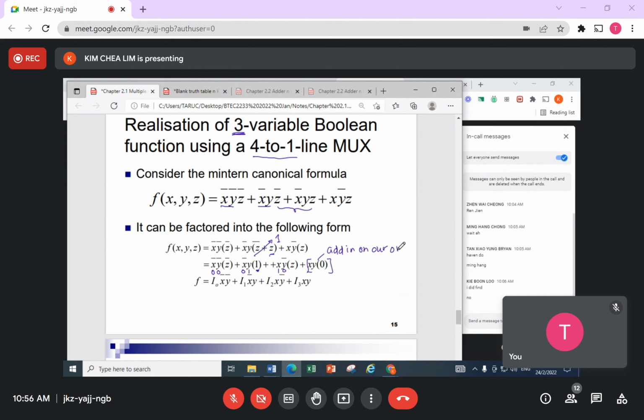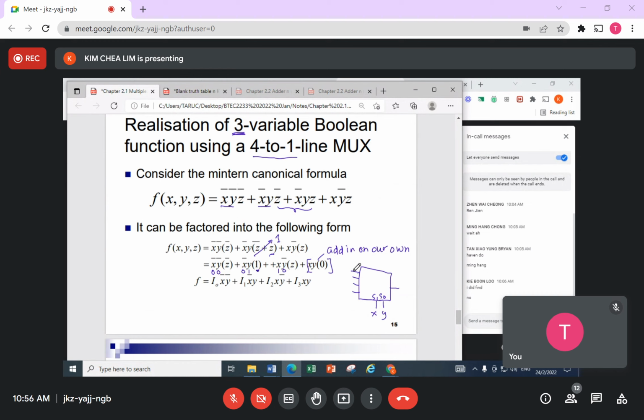So it covers 0, 0, 0, 1, 1, 0, and 1, 1. And you are going to find that now if I connect my X and my Y to the selector, because here there are only 2 selector inputs, therefore I have only 4 inputs.